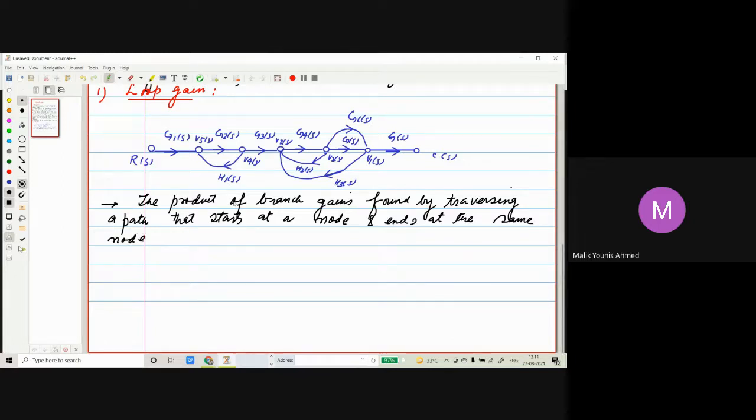Following the direction of the signal flow graph, that means if you are moving in the forward direction, you have to consider this direction. That means one loop. You cannot consider going here like this and then going back like this. No, that's not a loop.